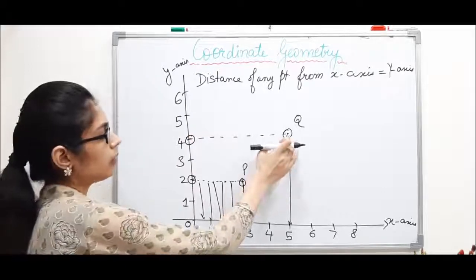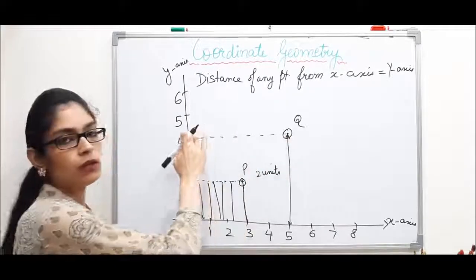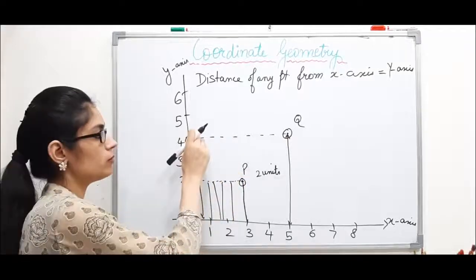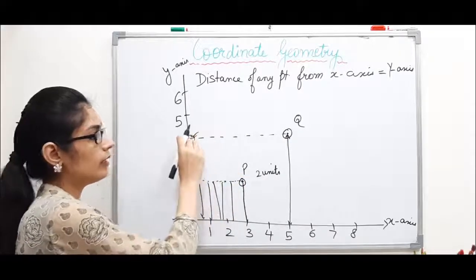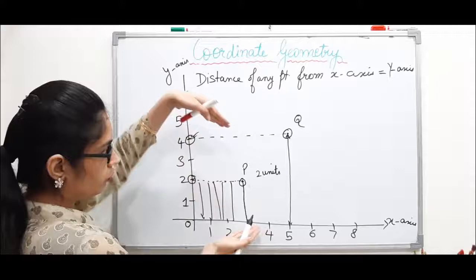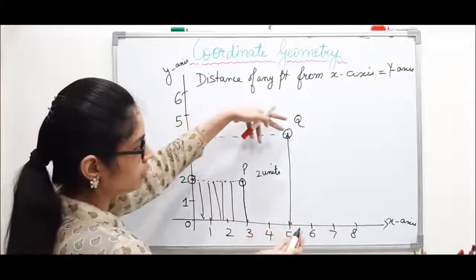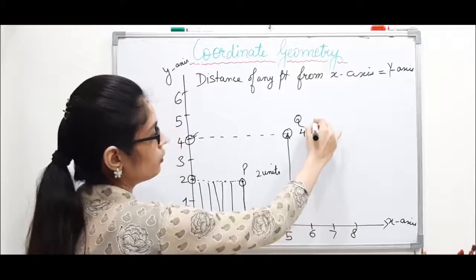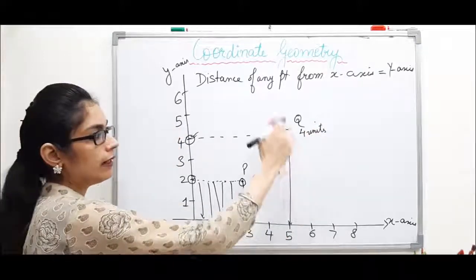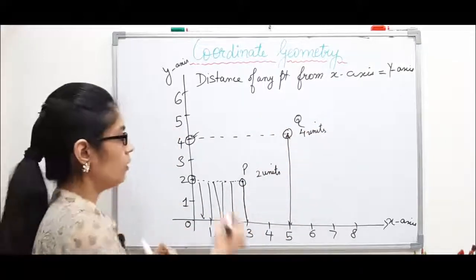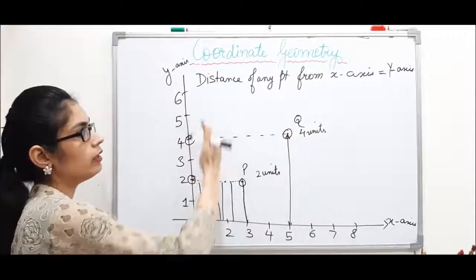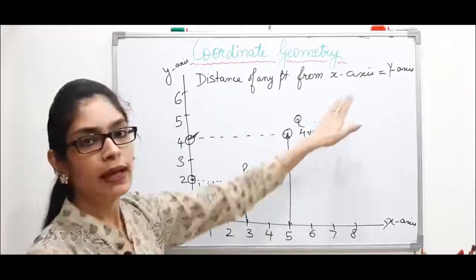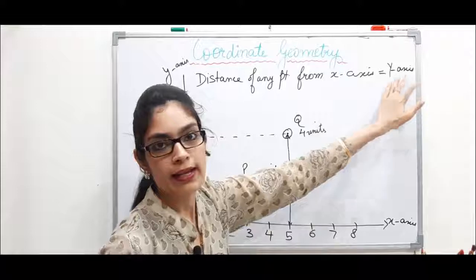So now you can see opposite to this point you have to see or locate the point which is present on y-axis. You can see it is 4. So distance of this point from x-axis, it will be 4 units. So that distance you will always find on y-axis. That's what I have written. Distance of any point from x-axis, it will be equals to y-axis.